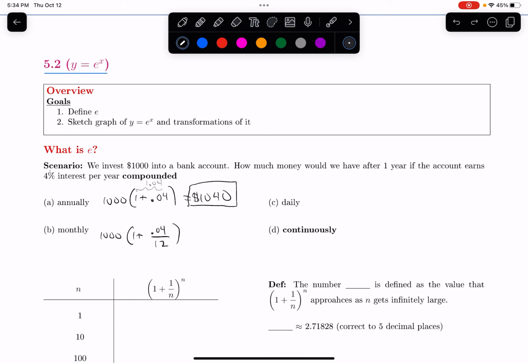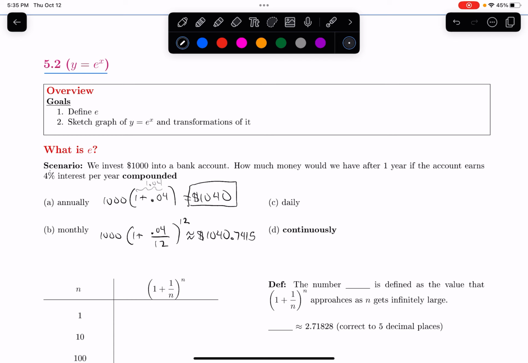But I'm going to get this interest 12 times, so I would multiply this by itself 12 times, which I can express more concisely as just to the 12th power. Using a calculator, this is approximately 1,040.7415 dollars. So it's a little bit more than what we got when we did it annually.